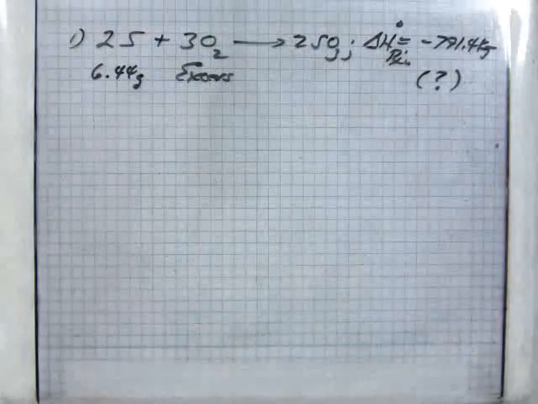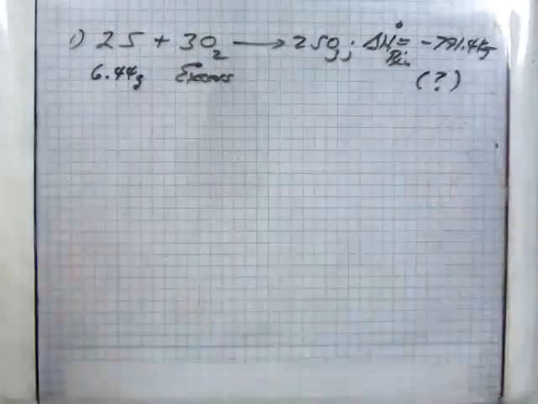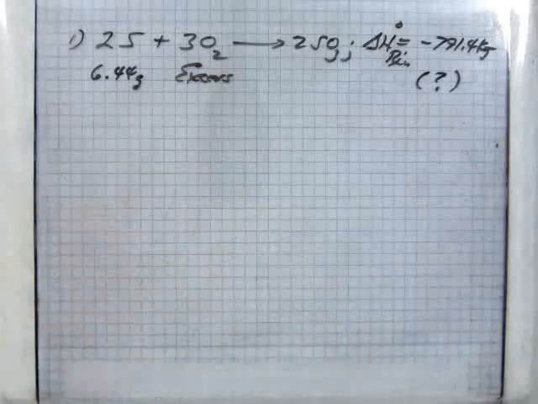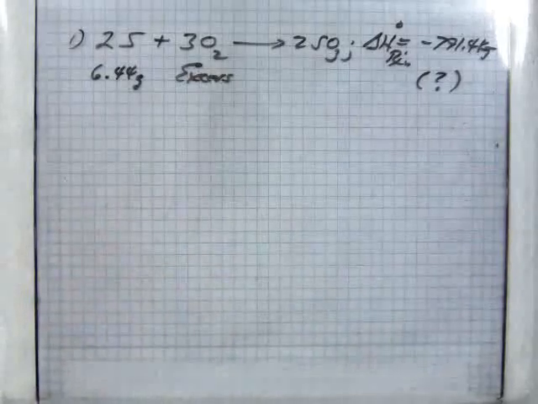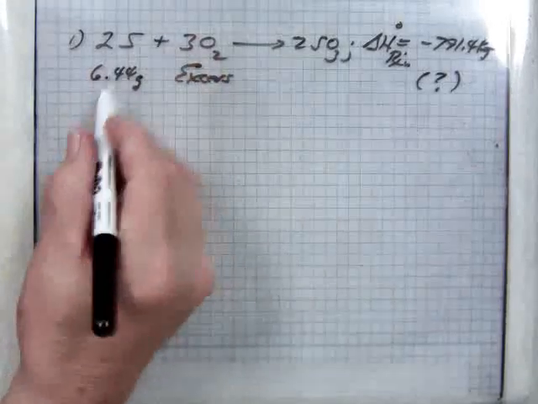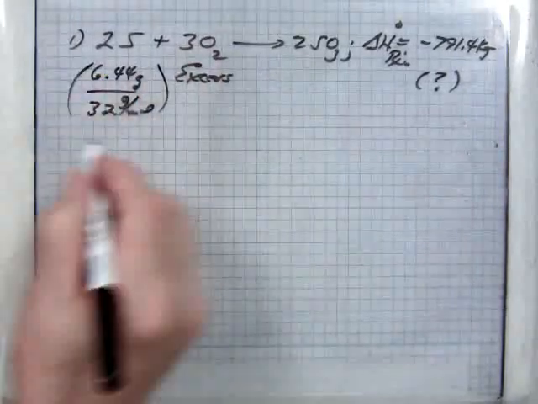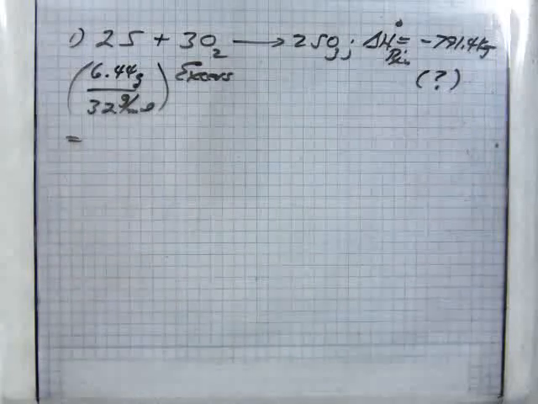Okay, so we're given this equation, sulfur plus oxygen goes to SO3, and here's your exothermic reaction. Now, what do we do first? Okay, we've got 6.44 grams of sulfur. Sulfur's 32 grams per mole. So going to moles, 0.201.